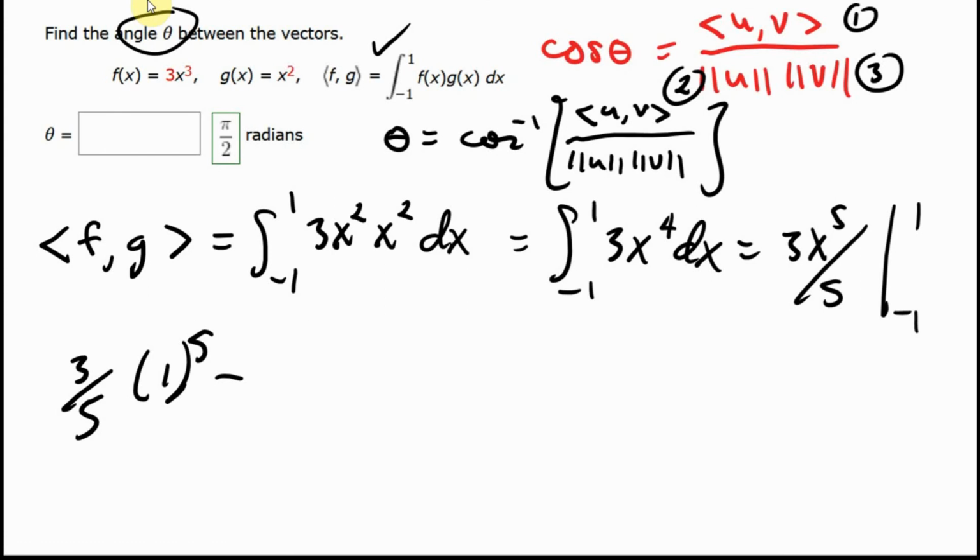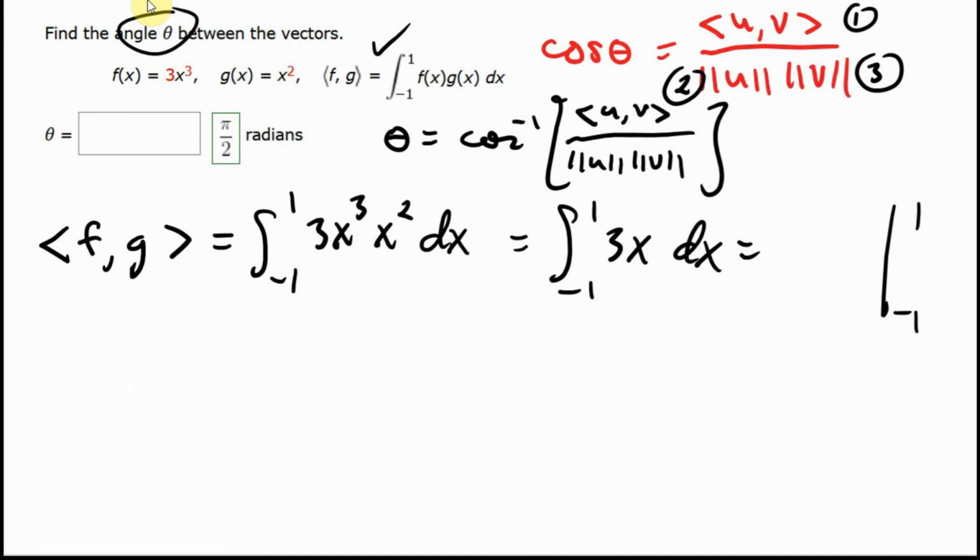Oh, that's a 3. I don't know how I keep missing that. That's funny. So that's to the 5th, so we evaluate that. That's 3x to the 6th divided by 6. So this is x to the 6th, and 3 over 6 is just 1/2.